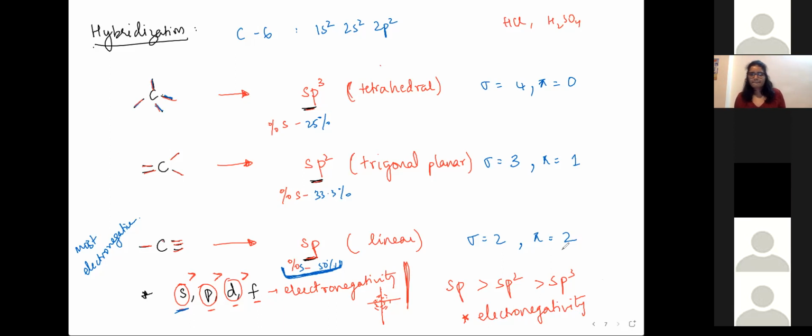Okay. Clear? Yes, ma'am. Have you noted all three of them? The shape, the reactivity, and the electronegativity? Yes, ma'am. Noted. Just one second.